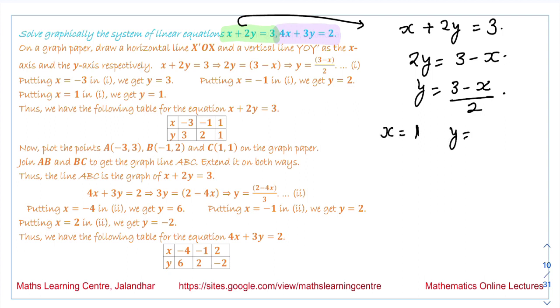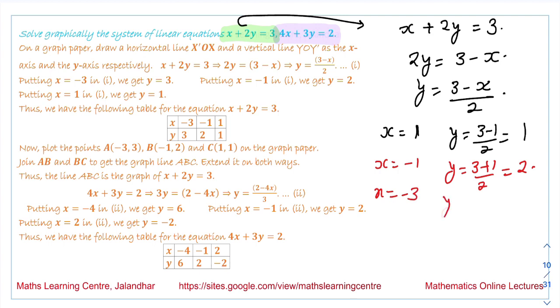We get y is equal to (3 minus 1) by 2, and the value we get is 1. If we substitute x is equal to minus 1, we get y is equal to (3 plus 1) by 2, that is equal to 2. If we substitute x is equal to minus 3, we get y is equal to (3 plus 3) by 2, that is equal to 3.